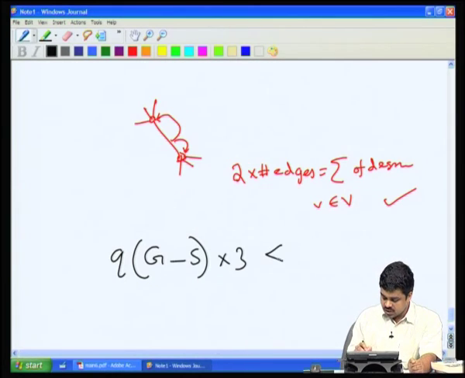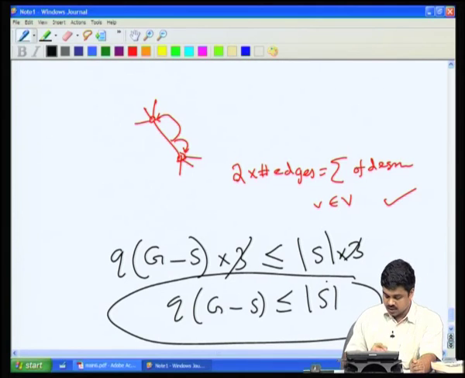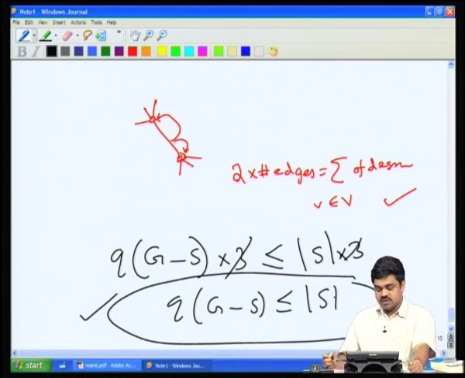So, we need cardinality of S into 3 to be bigger than this quantity, because this many edges are coming, only this many edges can be taken by S. So, cutting this we get Q of G minus S is less than or equal to cardinality of S, and this is the Tutte's condition, and this is true for every set by our argument. So, the Tutte's condition is valid. So, there is a perfect matching in the graph.